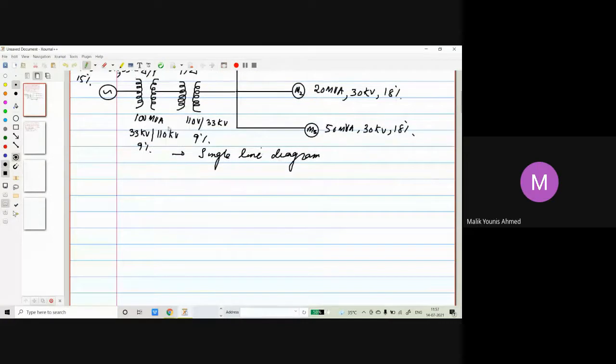So we select S base new, and we have to draw the impedance diagram on this new base. I think it is 100 or 1000, let me check. Yes, it should be 100.